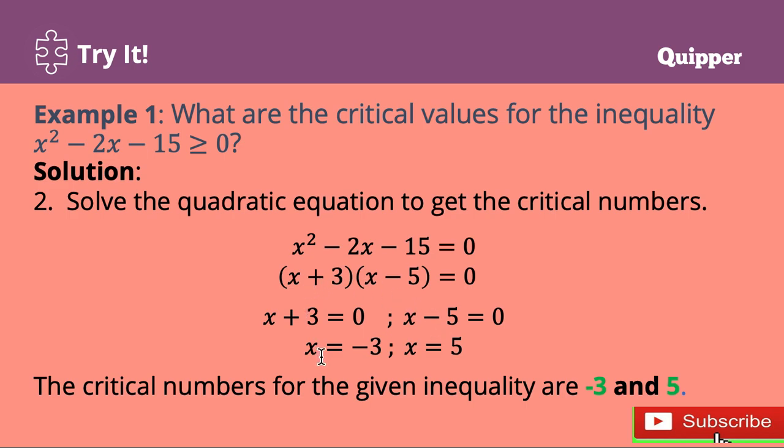The roots of the corresponding quadratic equation are negative 3 and 5, and those roots, take note, are the critical numbers for the given inequality. Again, the critical numbers are negative 3 and 5.